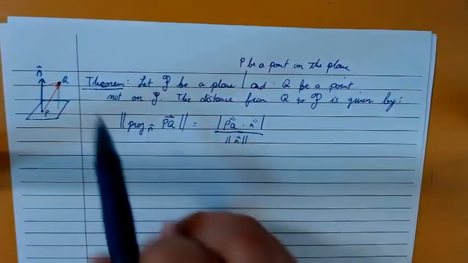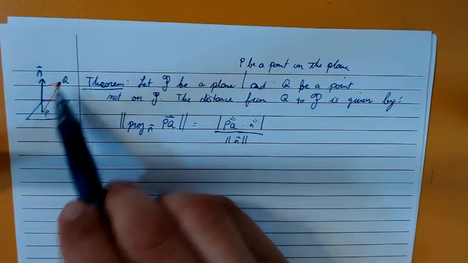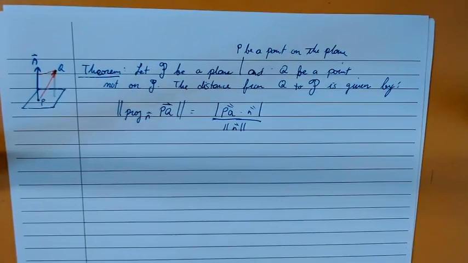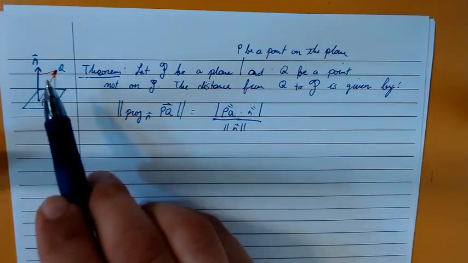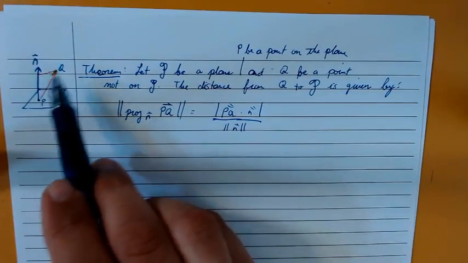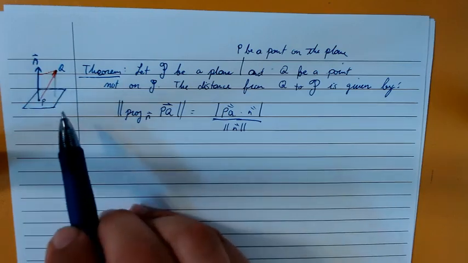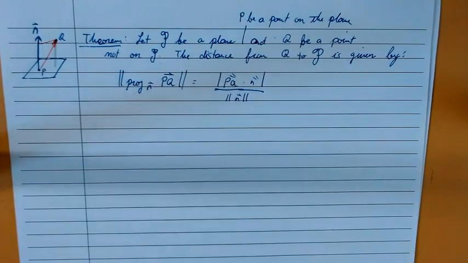Then the distance from Q to the plane is given by the projection of PQ onto N, and you take the magnitude. So here the proof is, we could go into a little bit more detail, but you're not going to get much more than you get from this kind of illustration here. Unless we're in a formal analysis class, this is about as much as we need as a motivation for this.